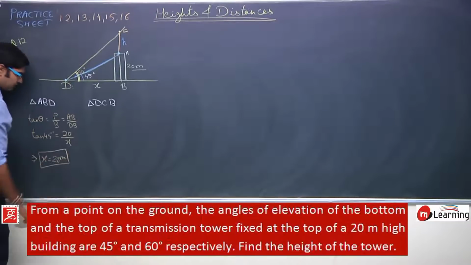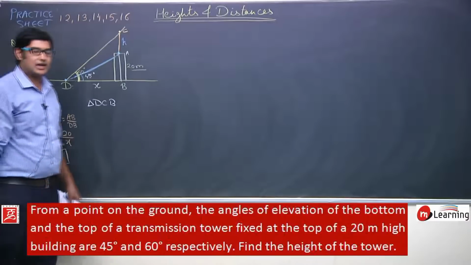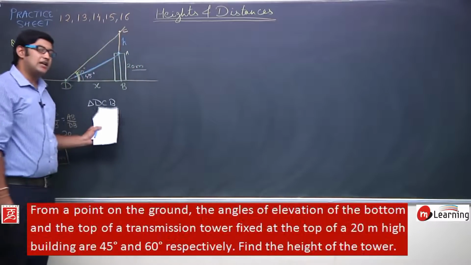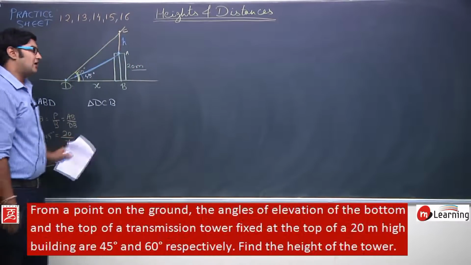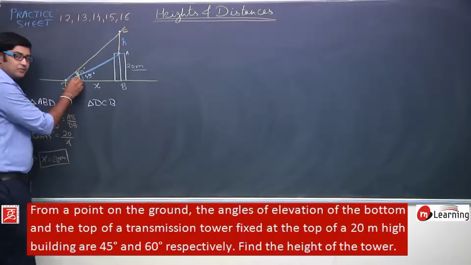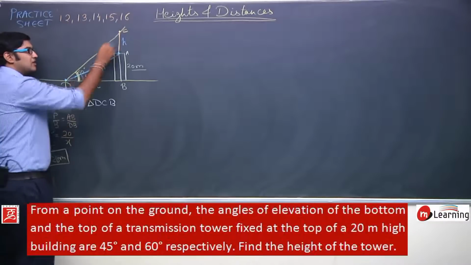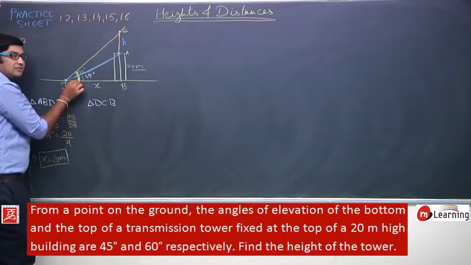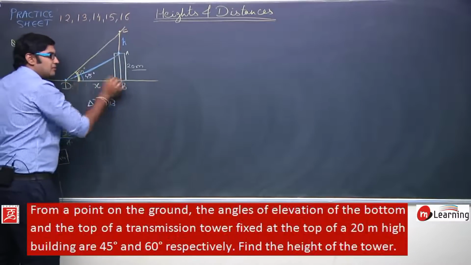Now we have the value of X, okay. Now observe this triangle, triangle DCB. Here you have this angle as 60 degree. With respect to this angle, this BC is the perpendicular and with respect to the same angle, this DB is the base.